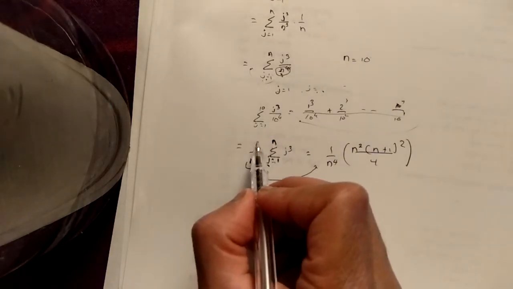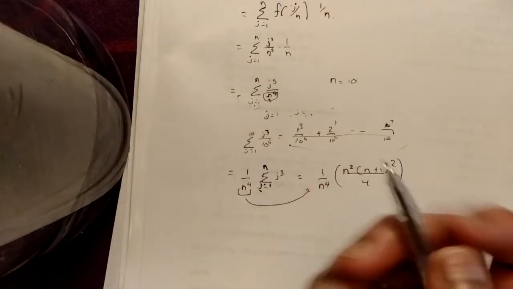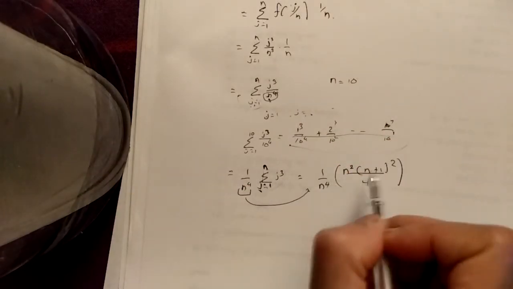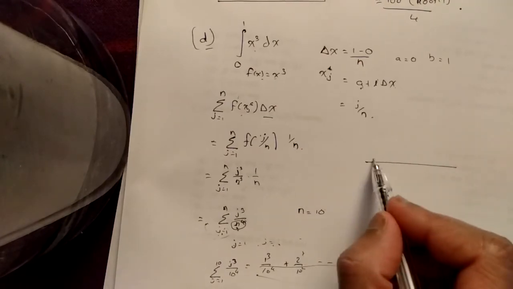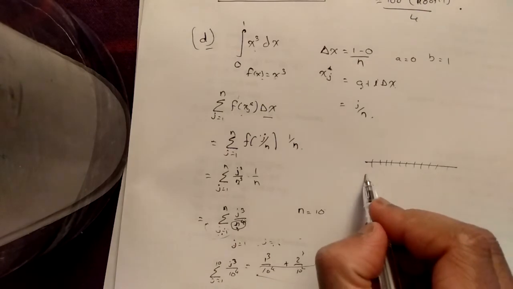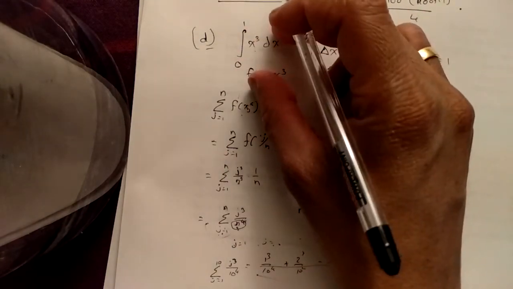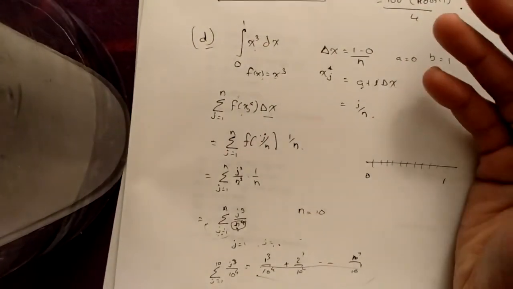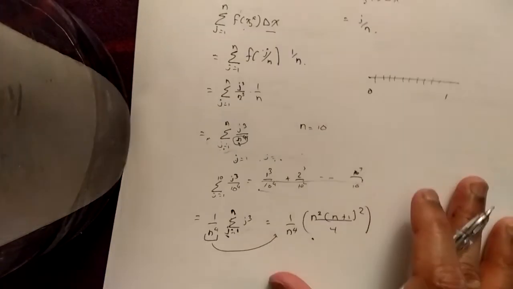Now we have removed the sigma notation and replaced it with some terms related with n. So what does this n mean? That is the partitions or these small number of subintervals that we have in between the two limits, which we discussed in the previous week, right?